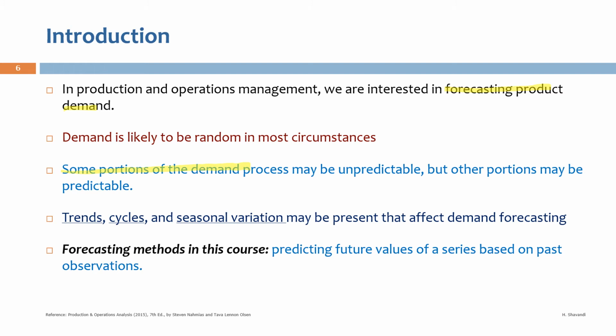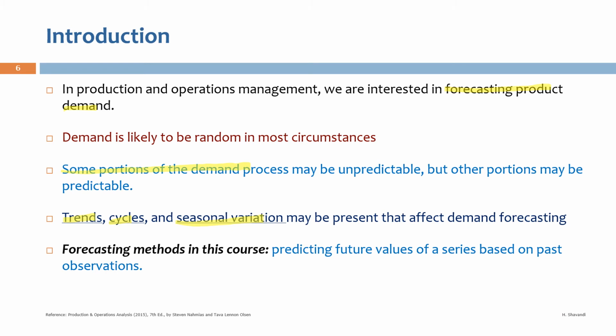And also we know that trends, cycles, and also seasonal variation may be present and they may have impact on the future forecast. So because of that, we will have different methods here, and each method will have some characteristics that will consider these issues.